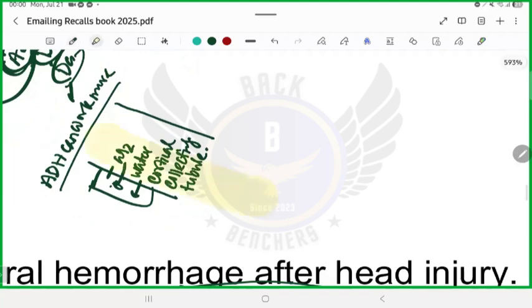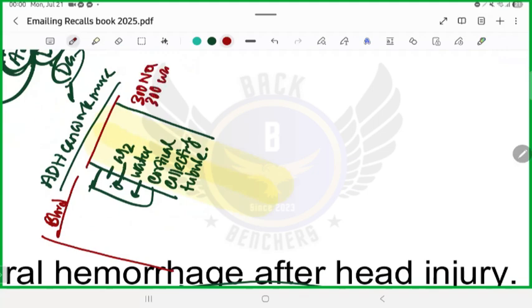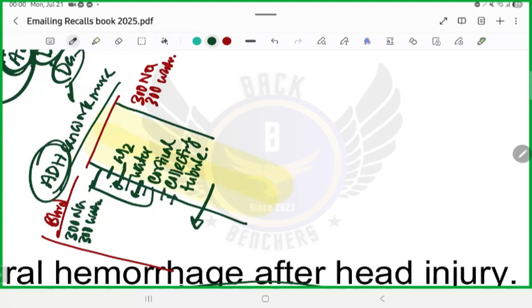So if this is urine and this is blood, let's say in urine we have 300 sodium, 300 water. In blood we have the same 300 sodium, 300 water. Now aquaporin has increased. So ADH is pulling water from urine. When ADH is more, aquaporin is more. So from this 300 water, ADH takes in plus 250 water.